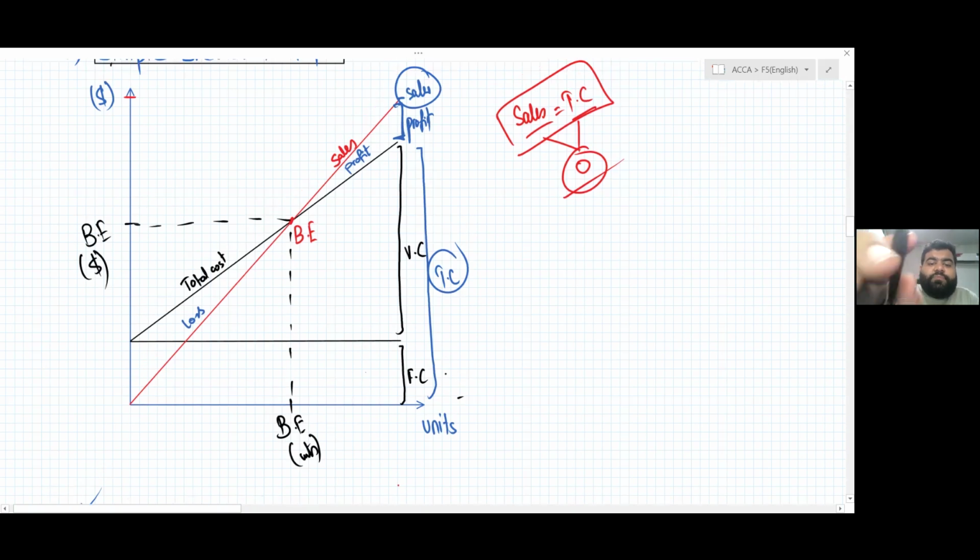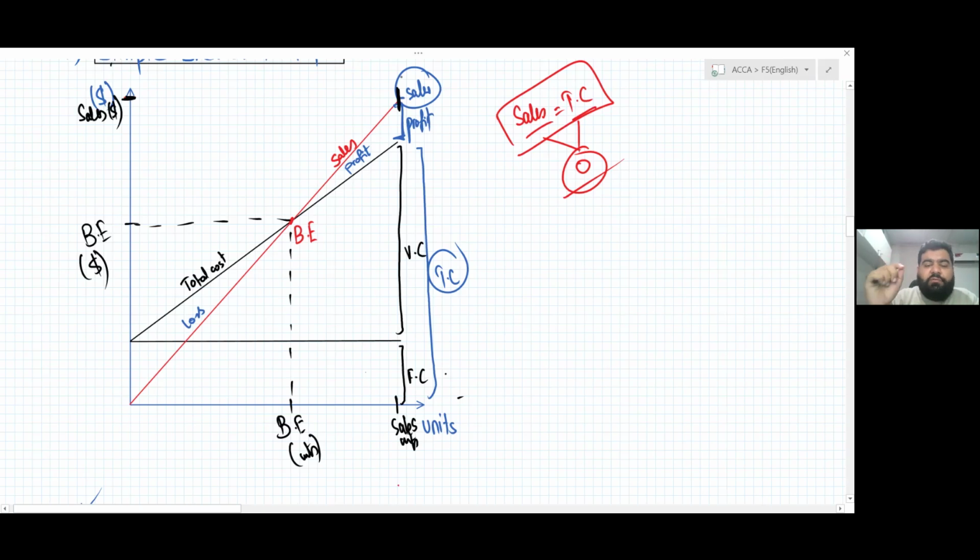And obviously, if you see this total sales point that I marked in black, if you come downwards, the total sales will be this point in units, and from here to this point, this is total sales in dollars.